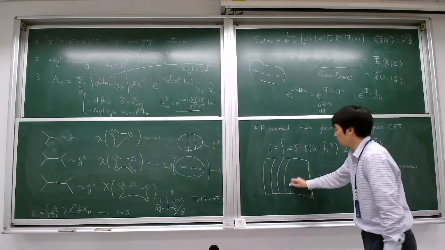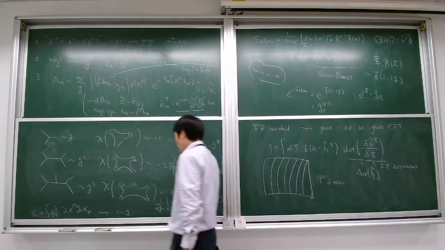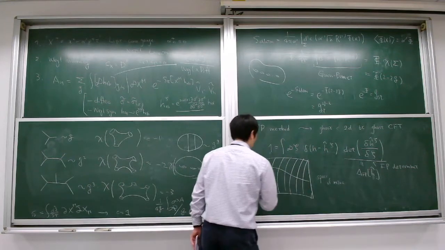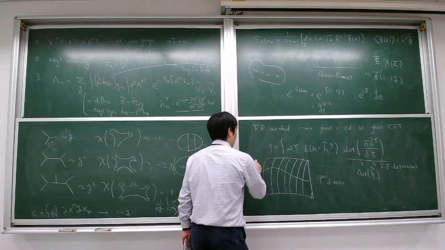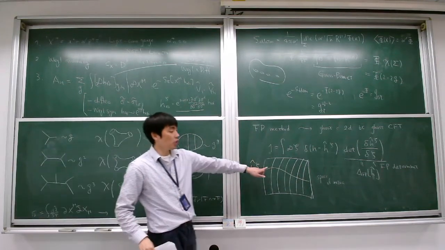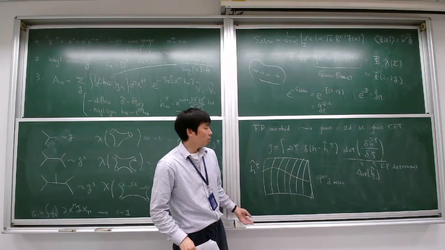This is the orbit of the gauge transformation, and you have to pick some element, whatever element you want, that is h-hat. So you have to pick one element in each orbit. That's what I hope.